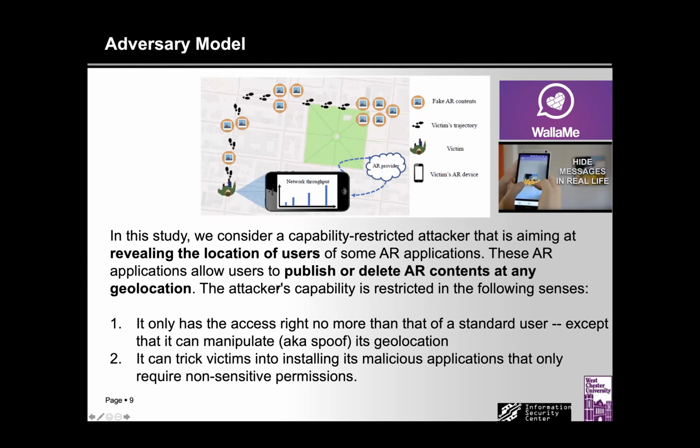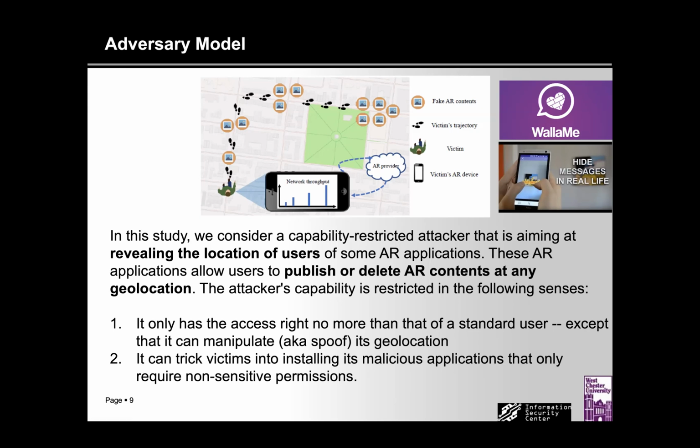That means the adversary cannot directly hack into the server to retrieve all this location information. Instead, they can only get access to the server just like a normal user. The only exception is that they can manipulate, aka spoof, their location.